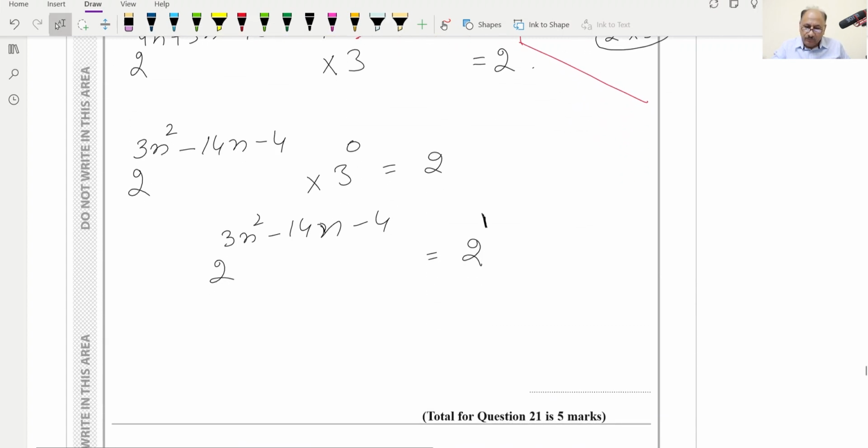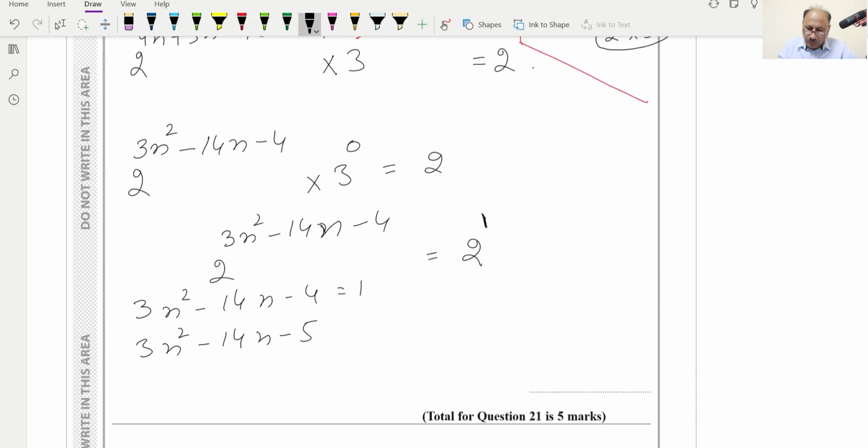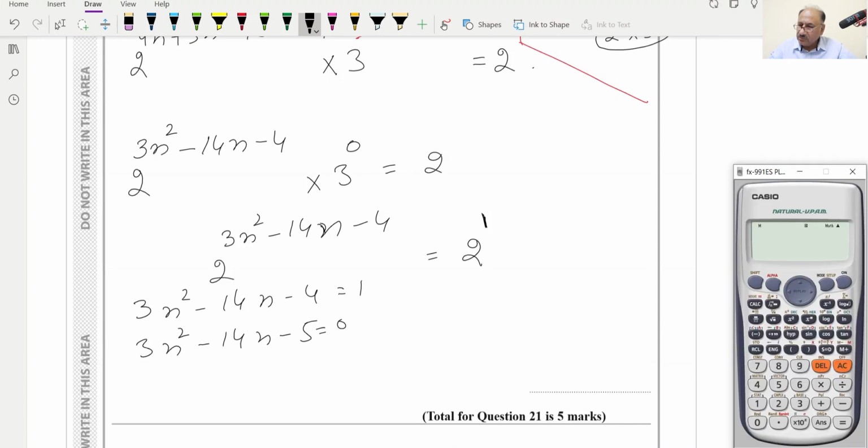Now we can compare the coefficient, so we can write 3n squared minus 14n minus 4 is equal to 1, and we can rewrite 3n squared minus 14n minus 5 is equal to 0, and this is the quadratic equation which we can solve. Coefficient of n squared is 3, coefficient of n is minus 14, and constant value is minus 5.